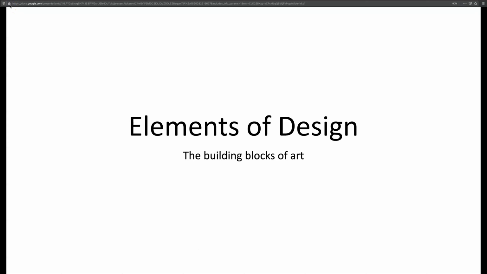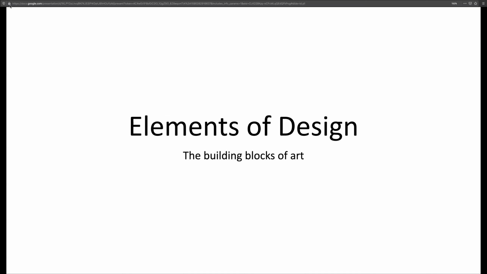Today I wanted to begin our semester with talking about the elements of design. The elements are going to really be our subject for this entire semester, and the elements of design are the building blocks of art.